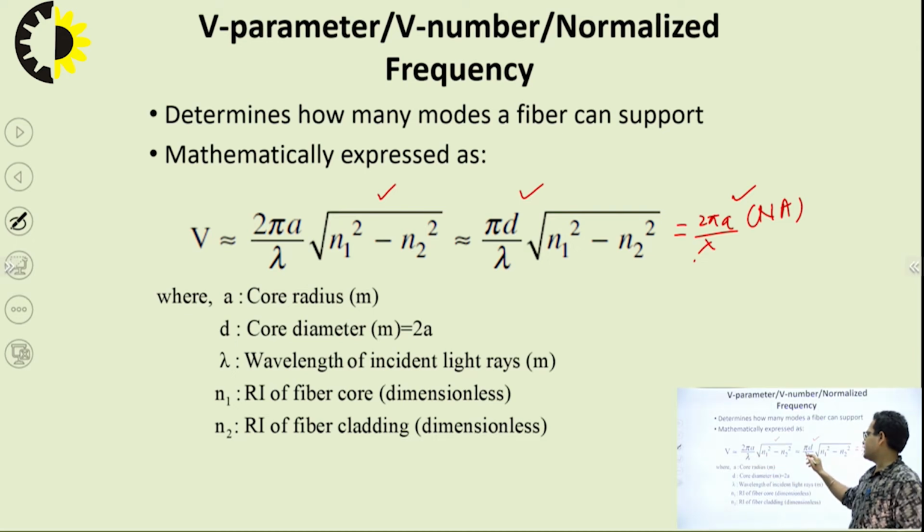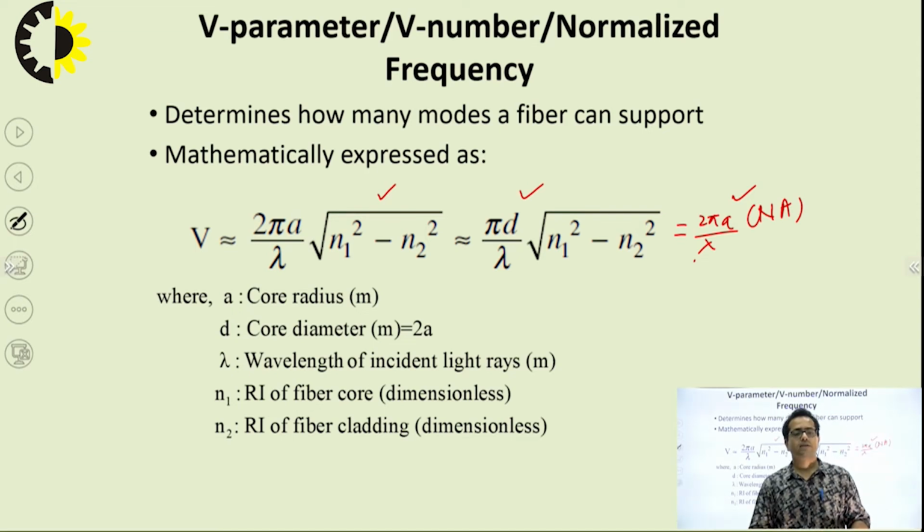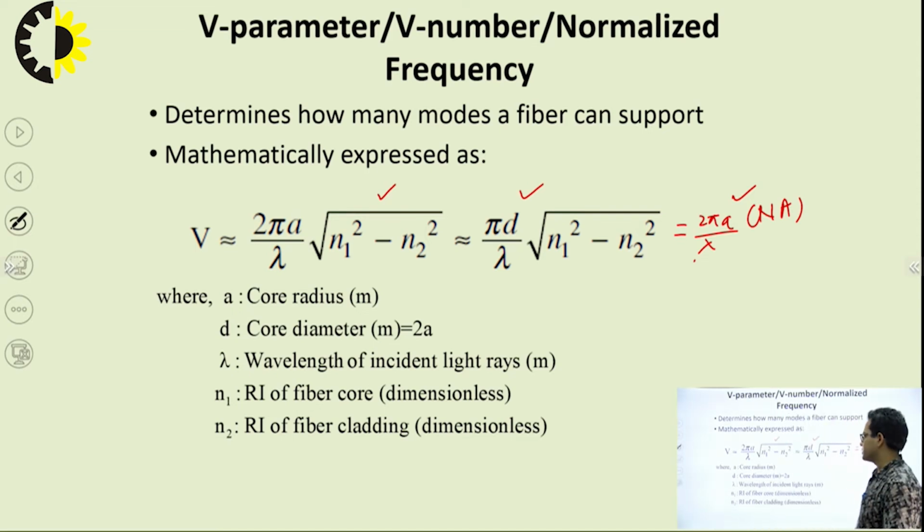So this is written as pi d upon lambda times the square root of n1 square minus n2 square. Similarly, this formula can be rewritten in terms of the relative refractive index difference. We know that n1 is the refractive index of the core and n2 is the refractive index of the clad.